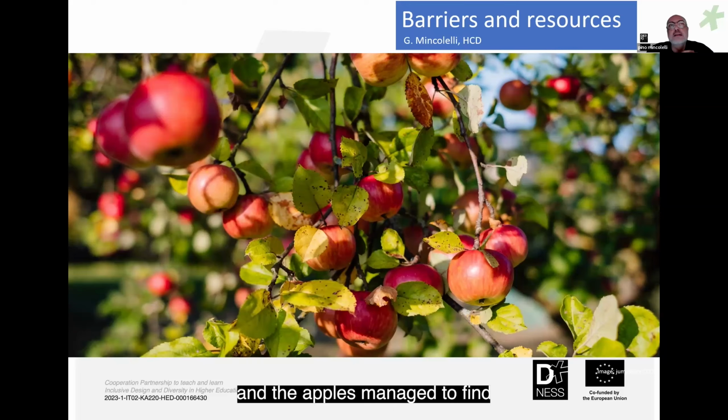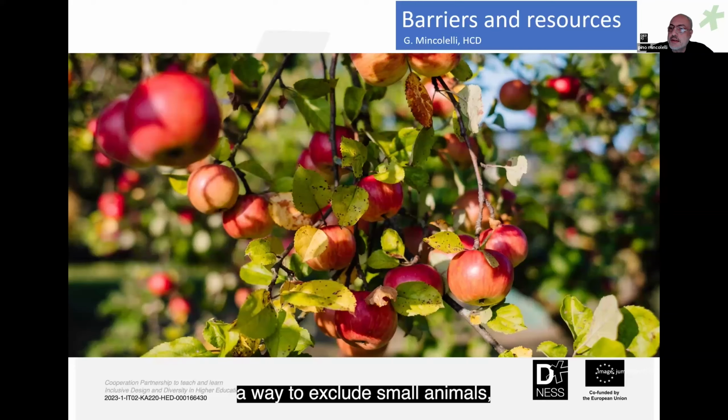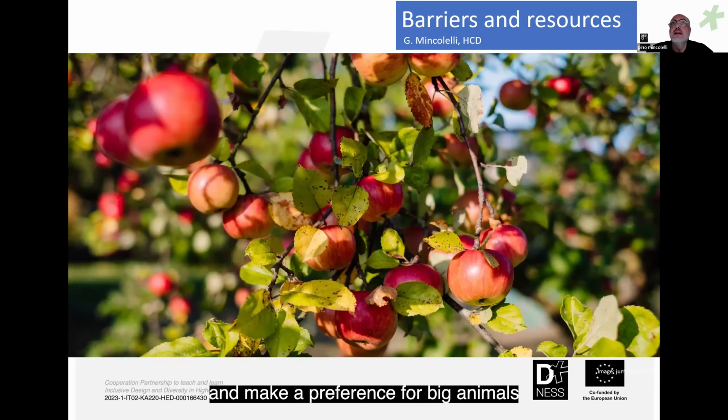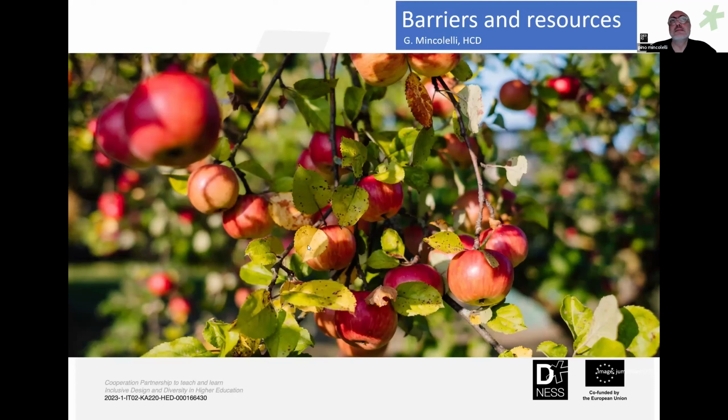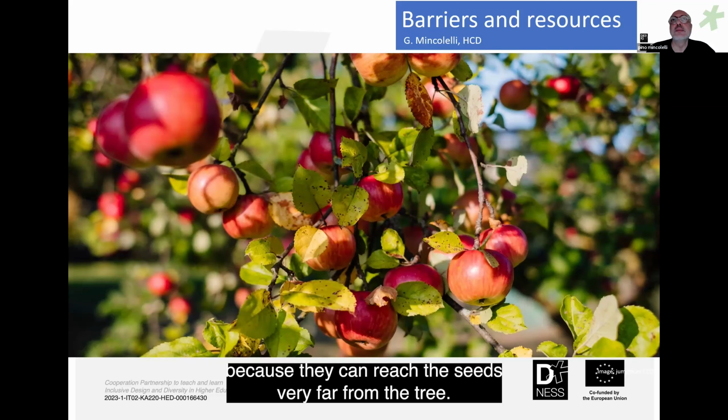And the height of the apples is a way of exclusion for the small animals, to make a preference for the big animals, because they are able to carry the apples farther than the small ones. As you can see, horses are welcome to eat apples because they can take the seeds very far from the tree.